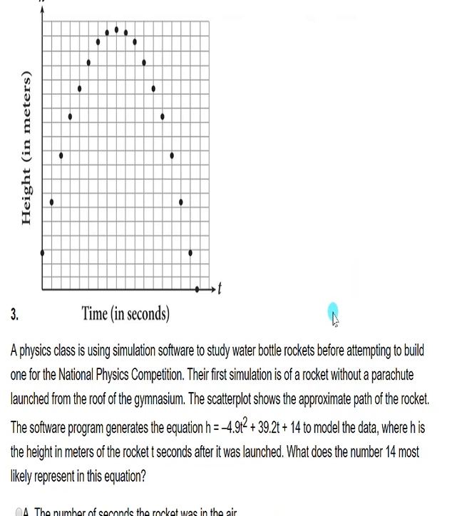Okay, now this question here, it's a water bottle rocket. Now, what it's saying is, this is the path. That means this is the starting point where you shoot off from. Let's look at the first simulation of a rocket without a parachute launched from the roof of the gymnasium.